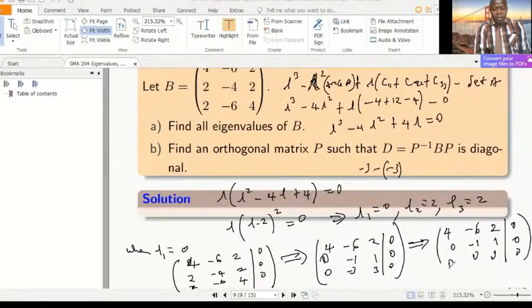So this is what we now have: 4x minus 6y plus 2z is 0, and this other one is -y plus z is 0. We have these two equations, from which we can see clearly that z is a free variable.